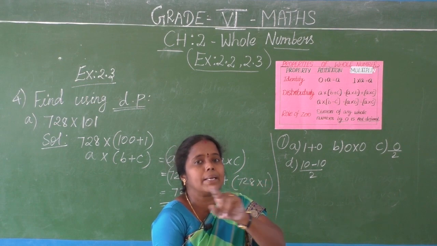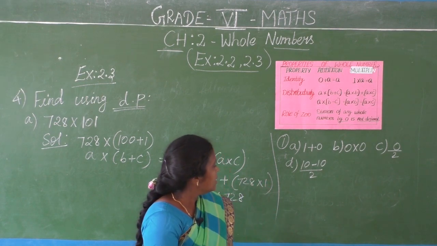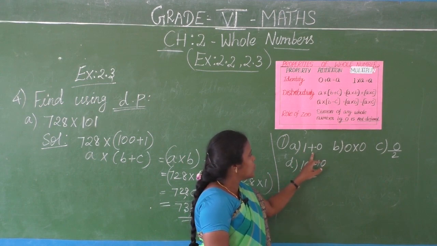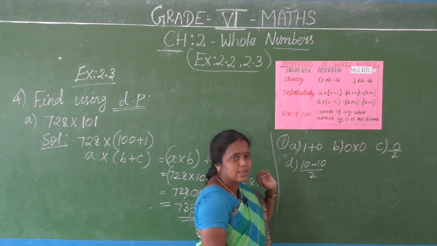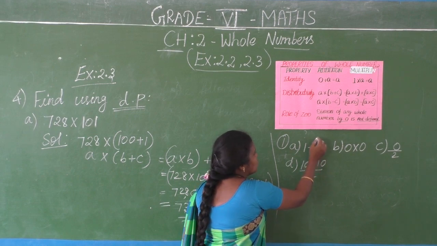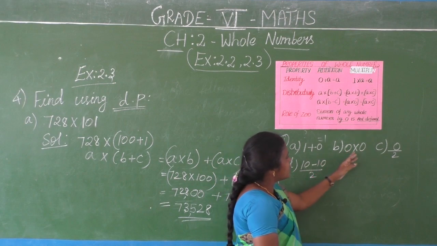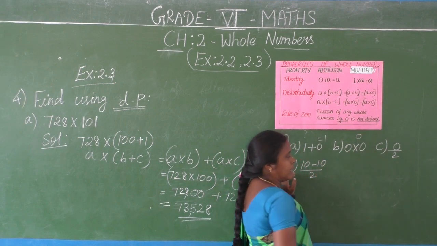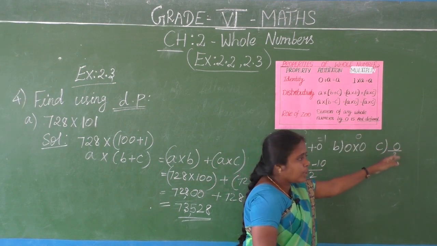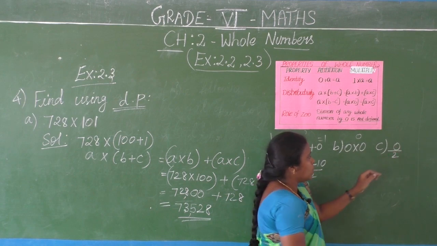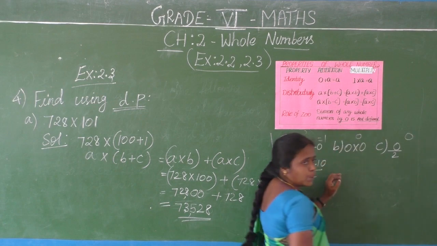Will not represent 0. Clear? Just work out all the 4 options. If you work out the first one, what is given? 1 plus 0. What is the value? 1 plus 0 is equal to 1 only. Come to B, 0 into 0, 0 only. C, 0 divided by 2. Division of 0 by any whole number is always 0.